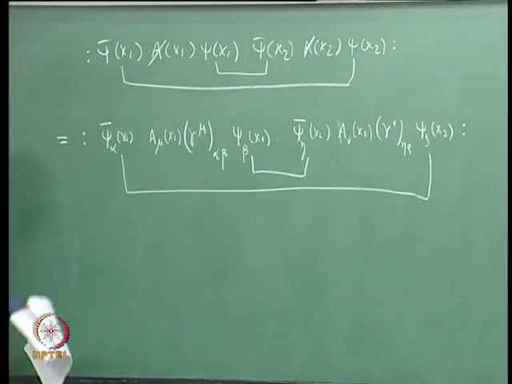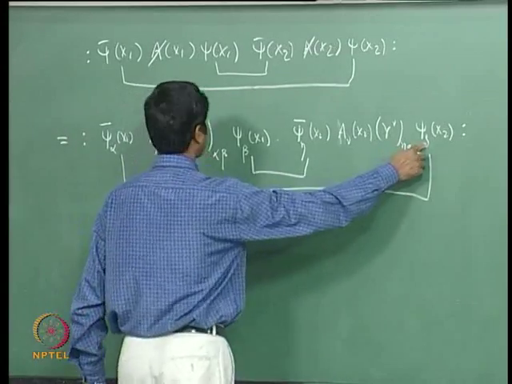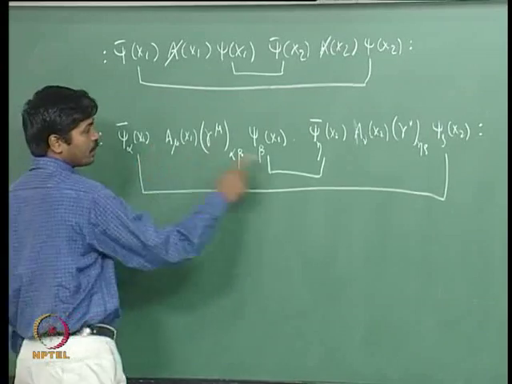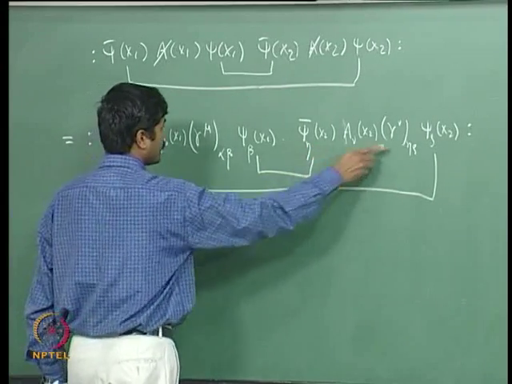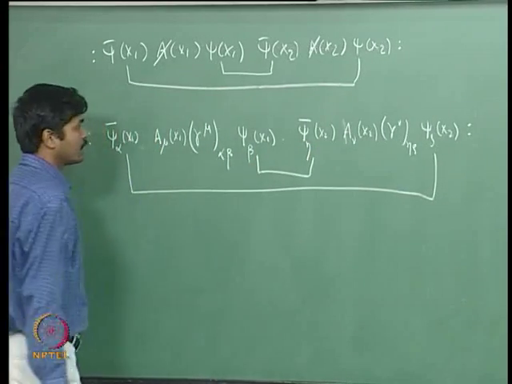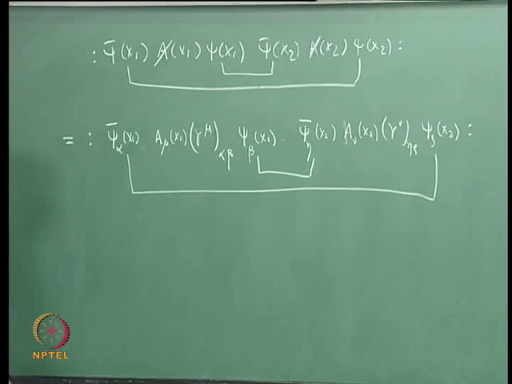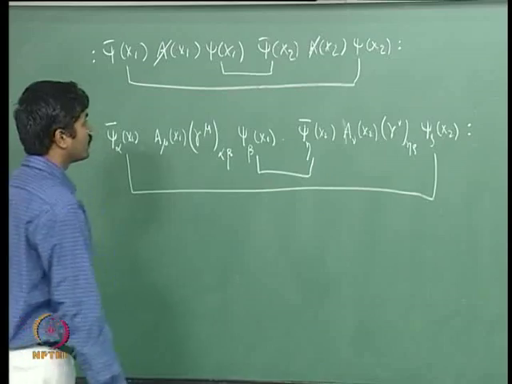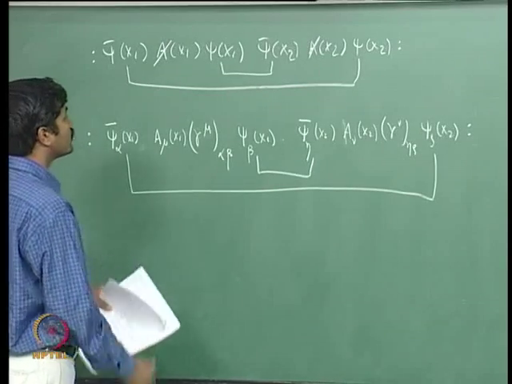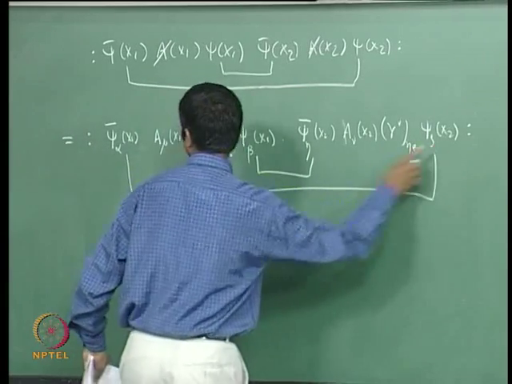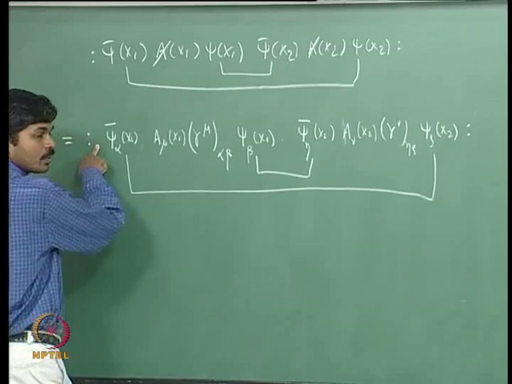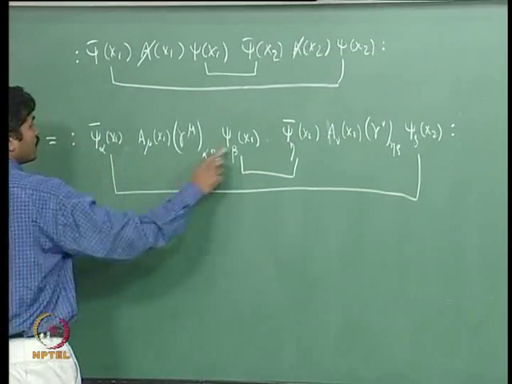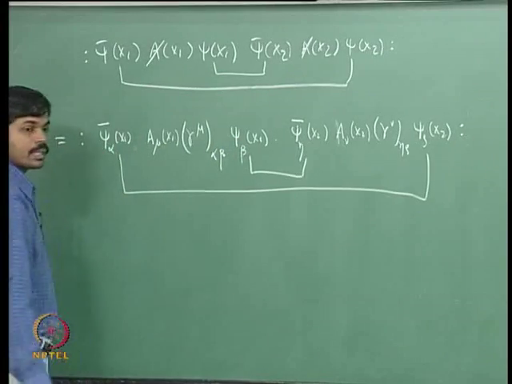Now in this contraction I can just pull it to this place, but you have to keep in mind that in this process it crosses fermion fields. If you pull it to the front, it crosses 3 fermion fields, 1 2 3, therefore it will gain a minus sign.